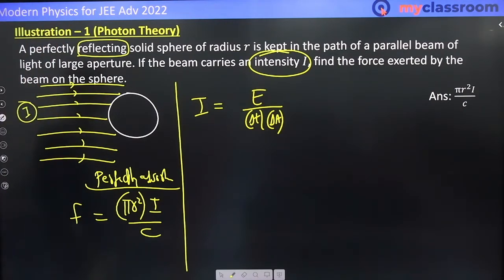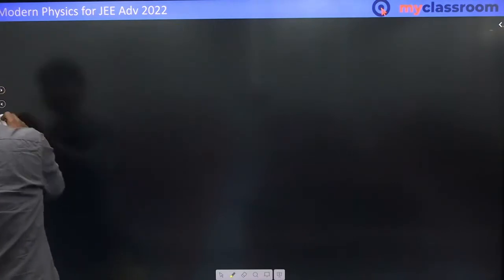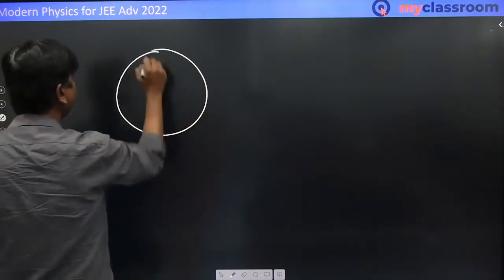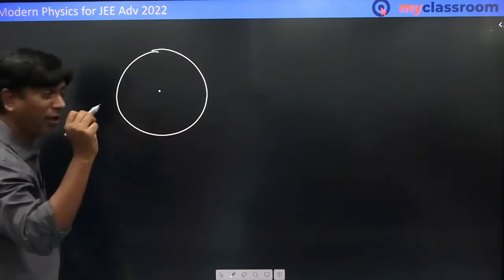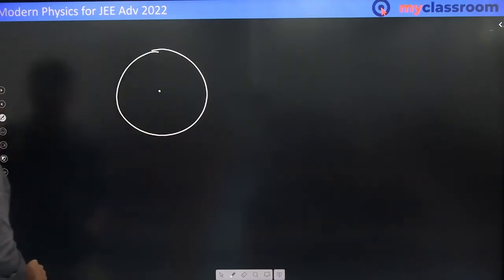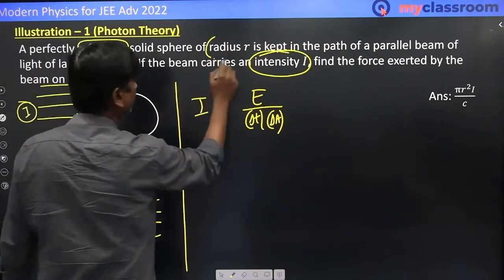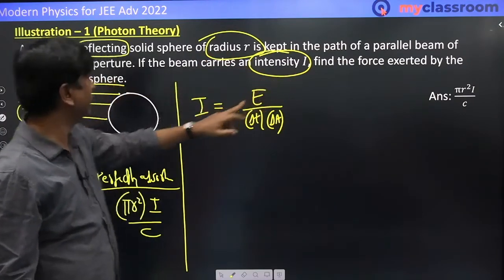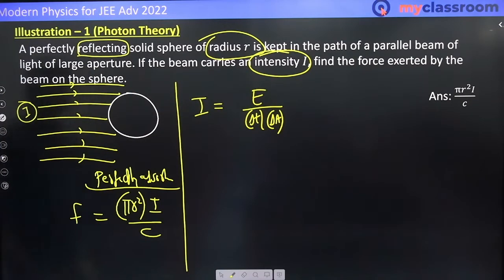The radius of the sphere is small, intensity is given, and reflecting is given. You have to find the force exerted. Hope the question is clear to all the students.